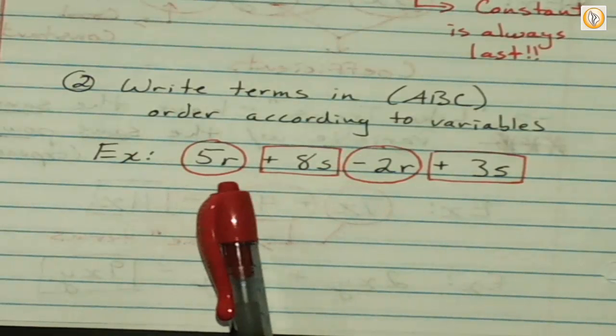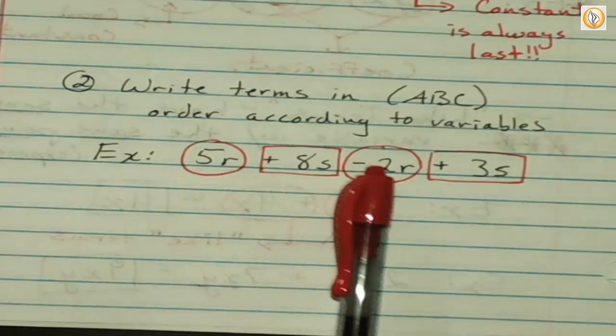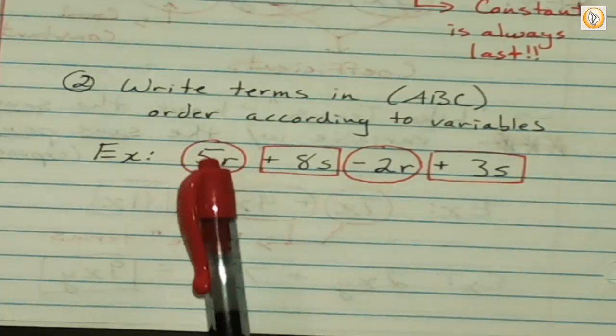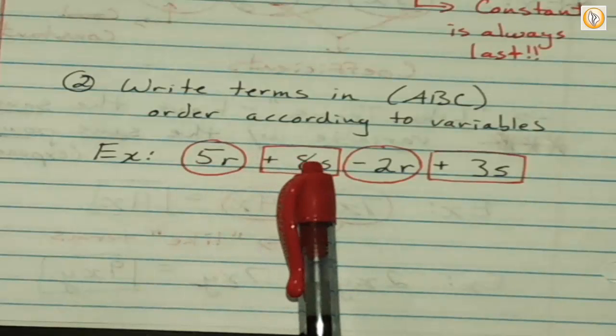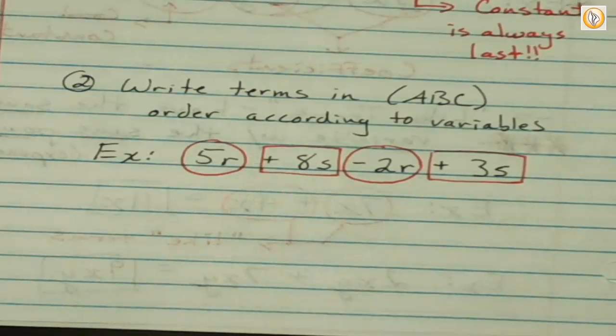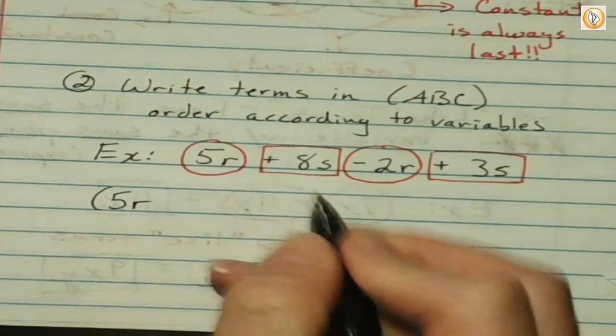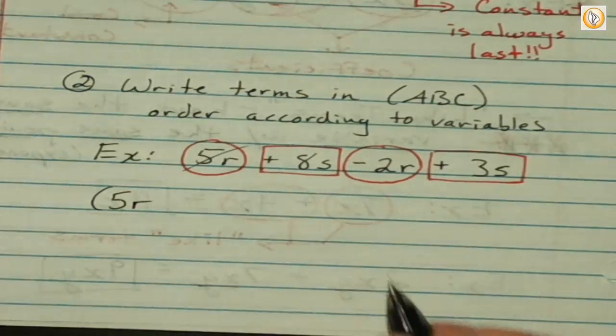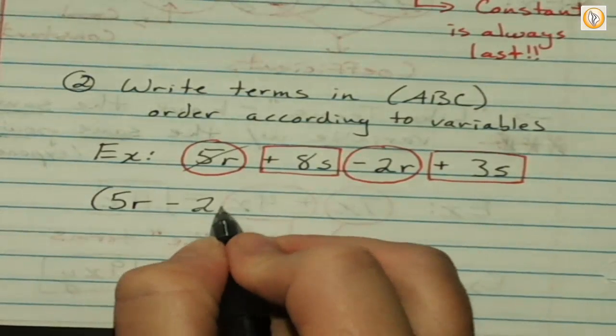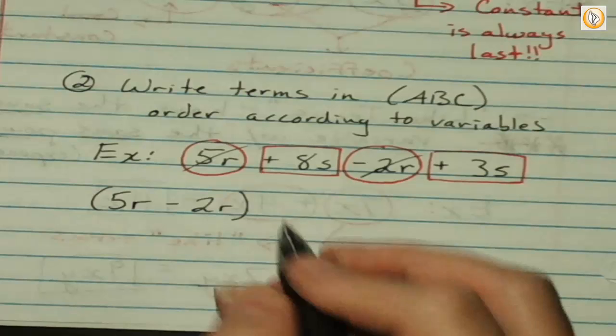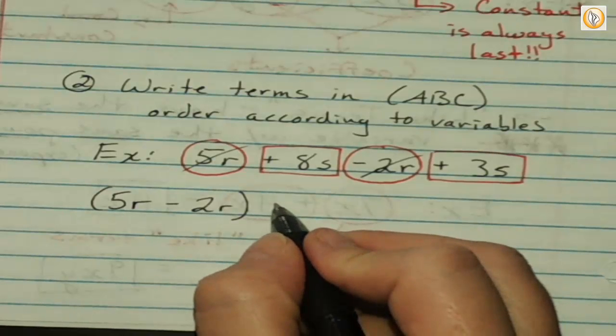Now your eyes are drawn to the things that are your like terms. These two can be combined, and then these and the square can be combined. So I'm going to rewrite it, and I'm crossing it out as I do it so I don't get confused. 5R minus 2R. What sign do I put between parentheses?